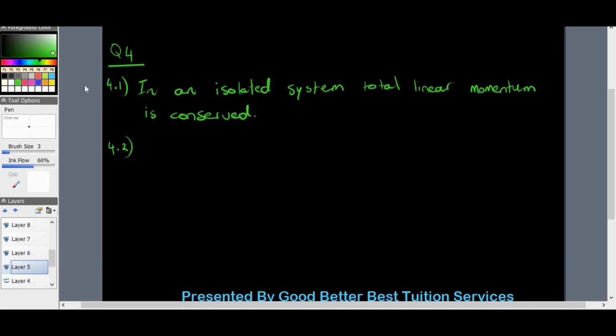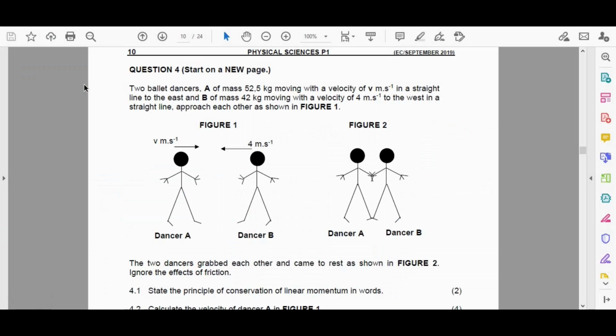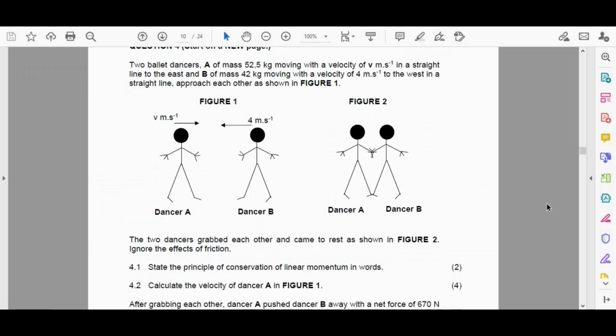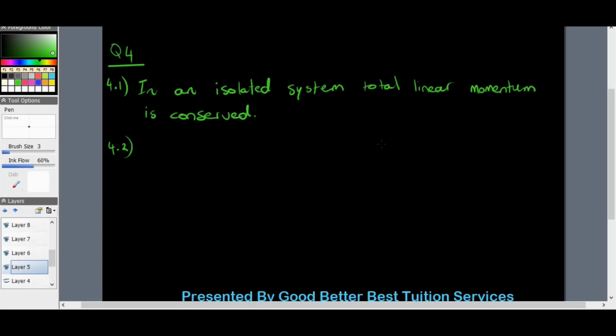Then we're going to have a look at question 4.2, carrying on with the question. Calculate the velocity of dancer A in figure 1, the unknown velocity of v. So what do we know about this question? We know that the mass of dancer A is 52.5 kilograms, so we write that down on the side.